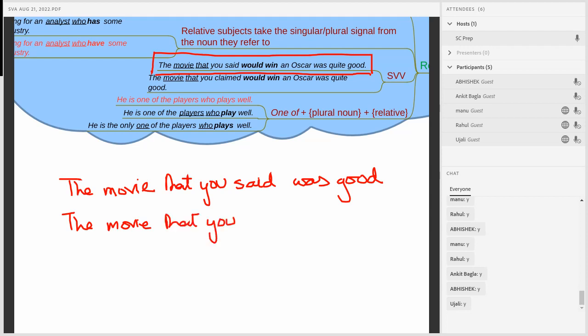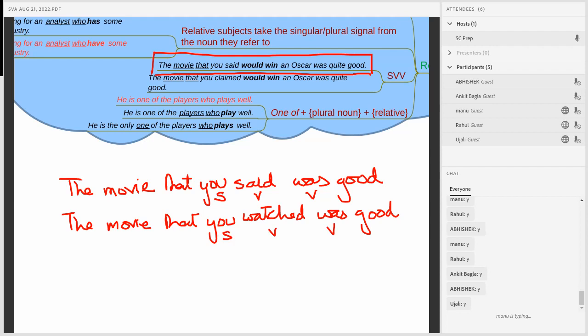The movie that you said was good, the movie that you watched was good. Okay, now that you've read that initial sentence, I want you to read these 2 things that I've put down over here. While you're reading it, I'm going to go ahead and mark some of these things. Subject, verb, verb, subject, verb, verb.